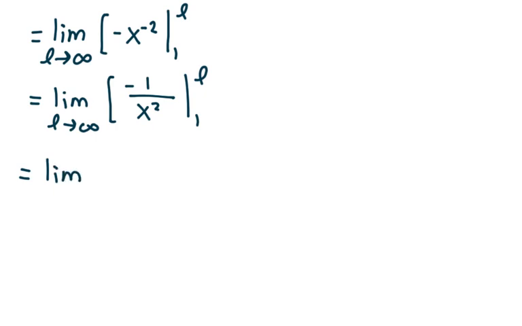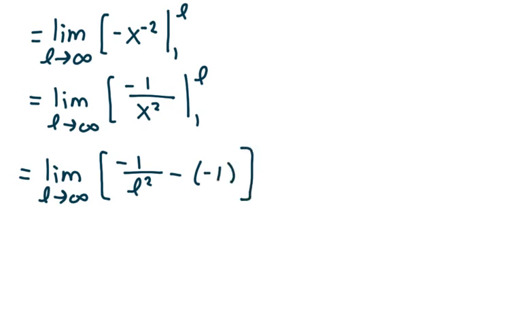And so this is the limit as L goes to infinity of. Now, when I replace x with L, I get negative 1 over L squared minus, when I replace x with 1, I get negative 1. But I could write this as the limit as L goes to infinity of, when you subtract a negative 1, that's the same thing as adding 1.